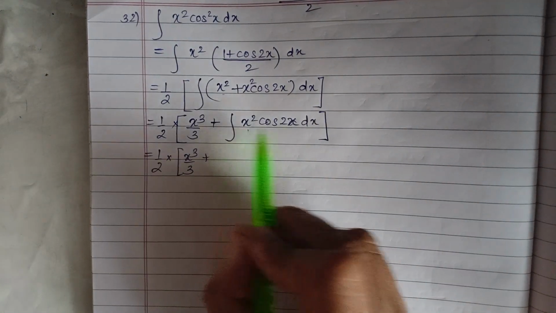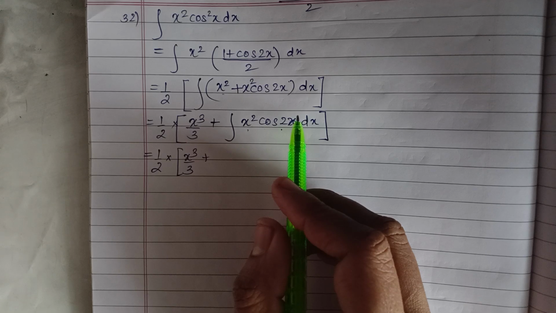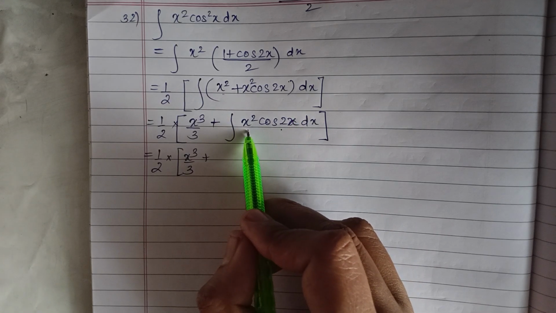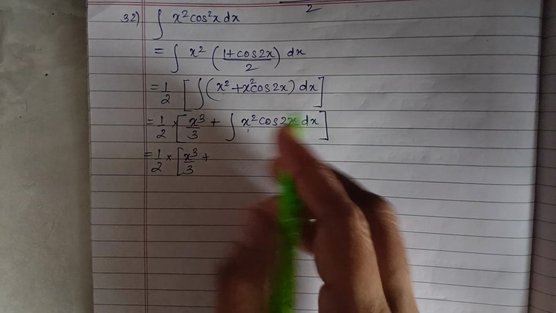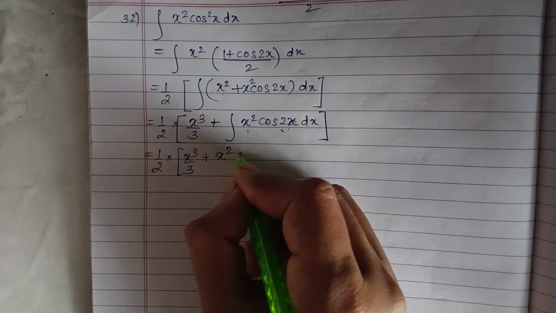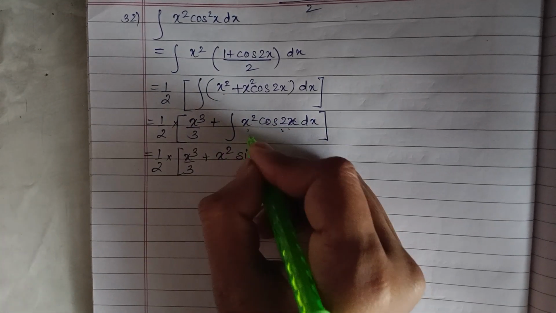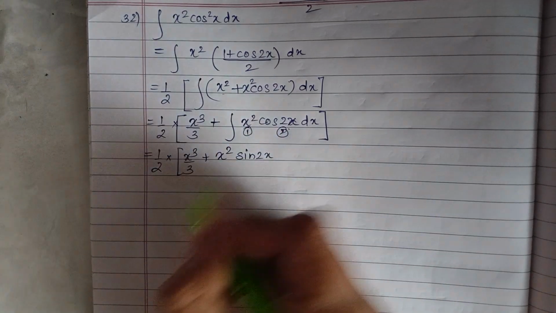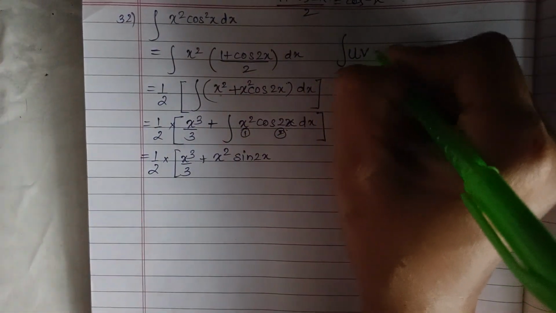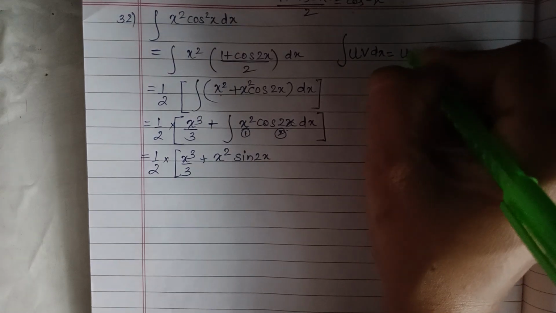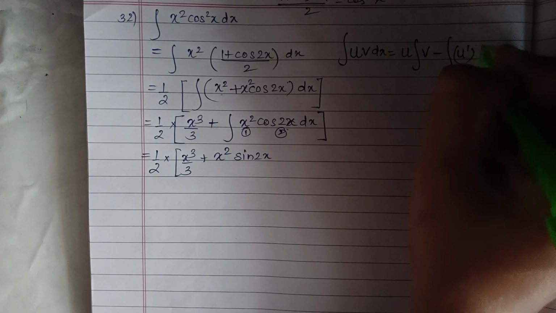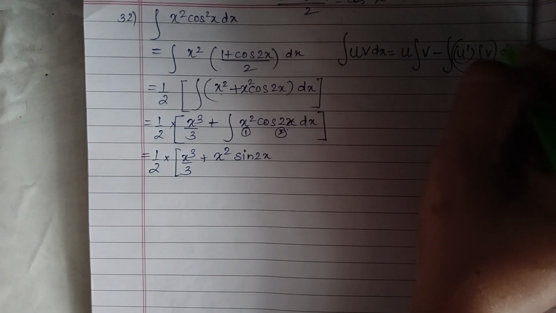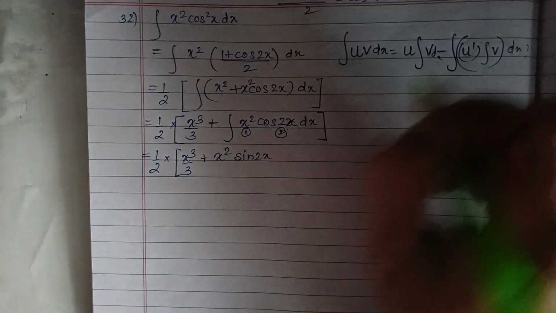So this is my first function, second function. x square, integral of cos 2x, which is sin 2x. What is the formula? u integral v minus integral u dash integral v dx, correct?